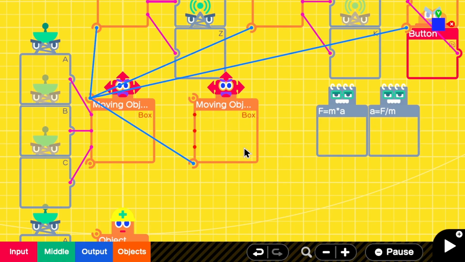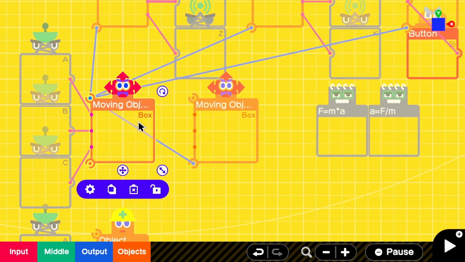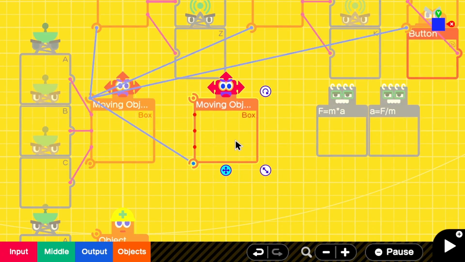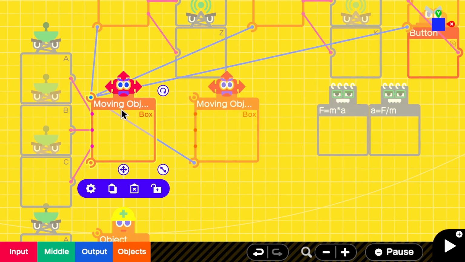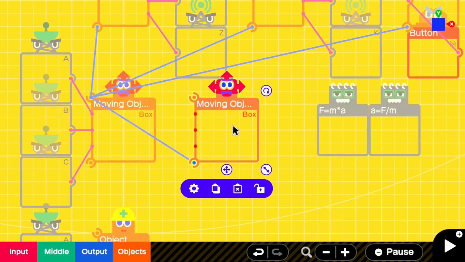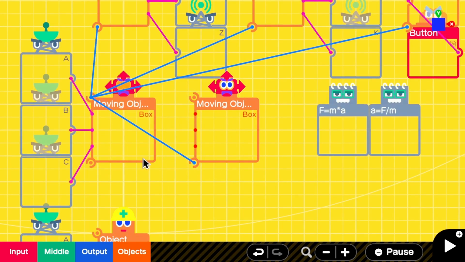However, in the actual game, this moving box has another moving box connected to it. So the actual mass of these two things together is now 2m. Since they're identical, and if we say the mass of this object is m, then if we add 2 together, the mass would be 2m.